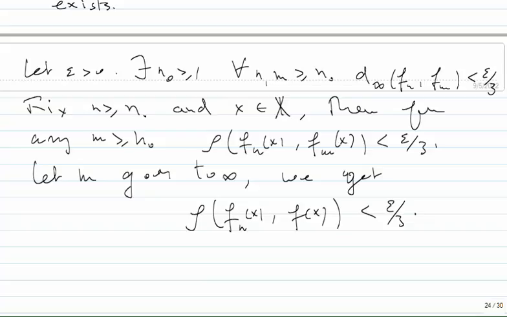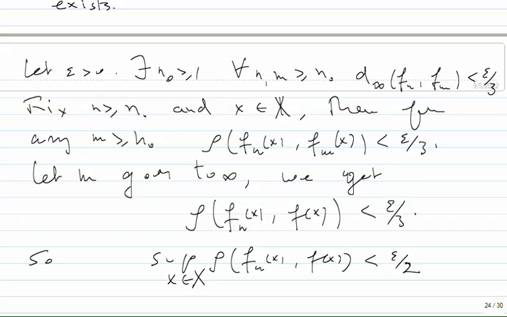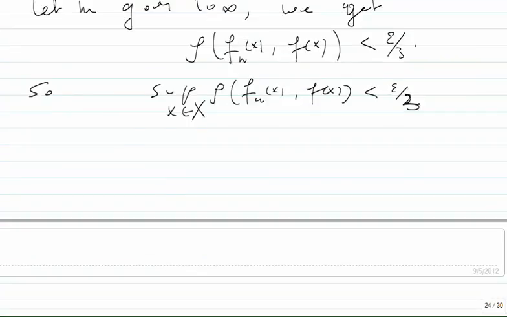So in particular, the sup of rho of Fn of x to f of x, x belongs to X, is less than epsilon over 3. In other words, d infinity of Fn to f is less than epsilon over 3.